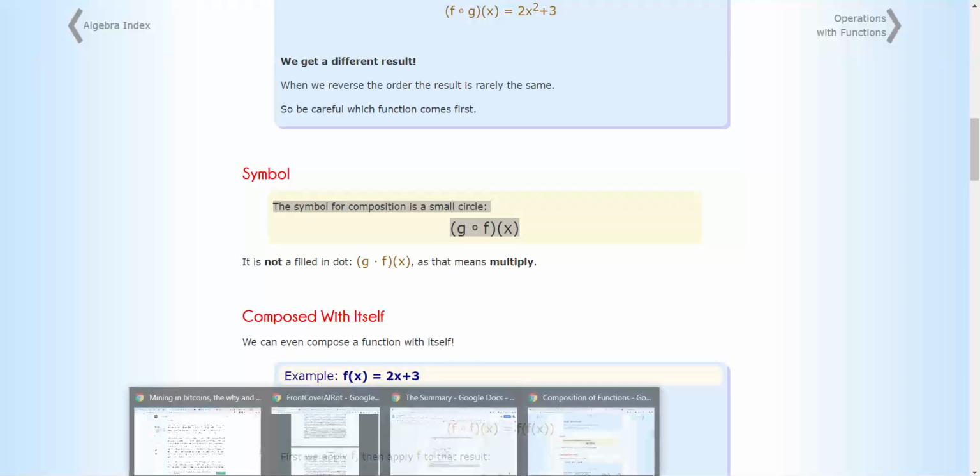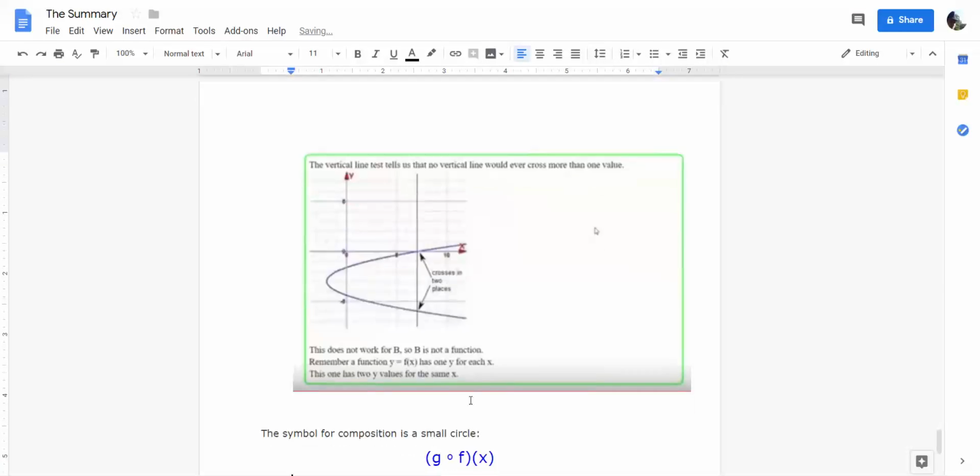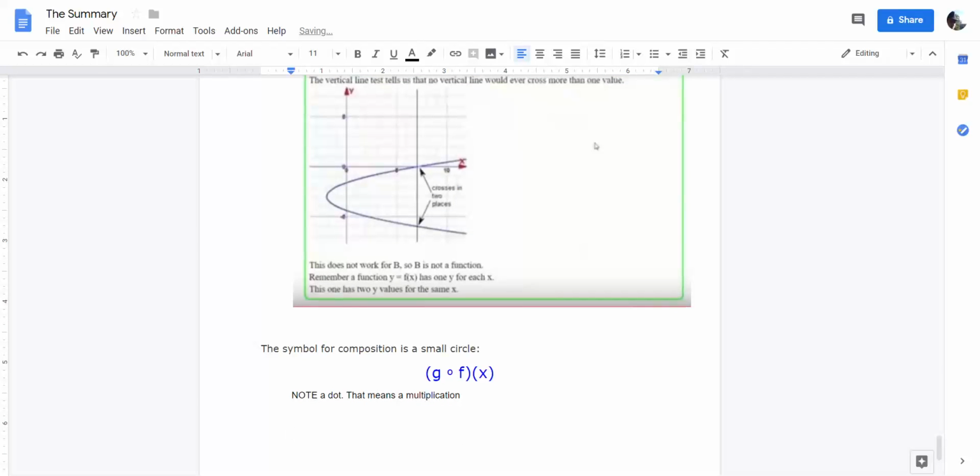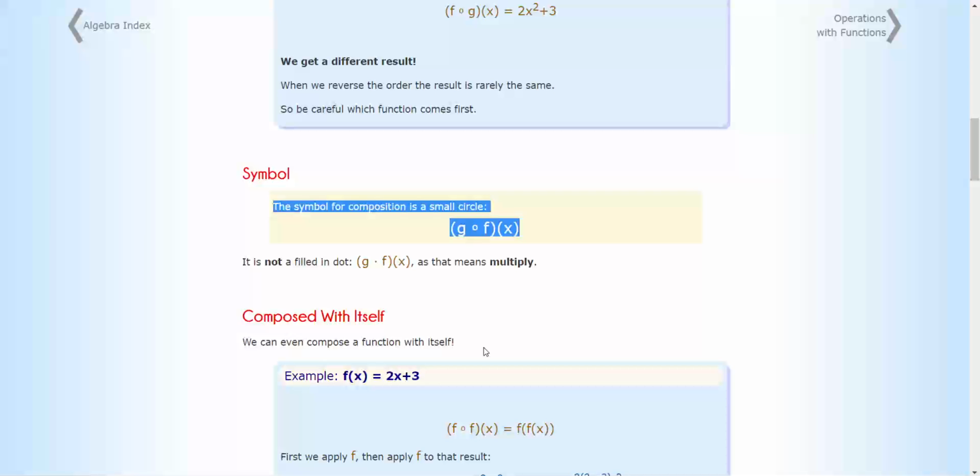We should have this in the notes. It's important to know. Not a dot, because that means multiplication, so you should watch out for that.